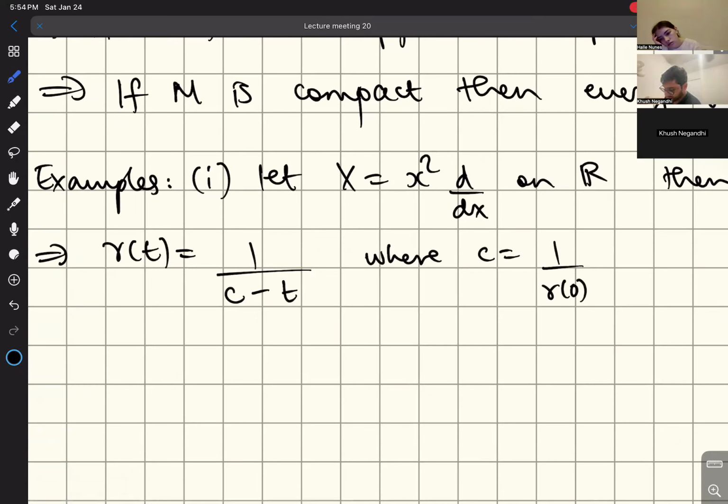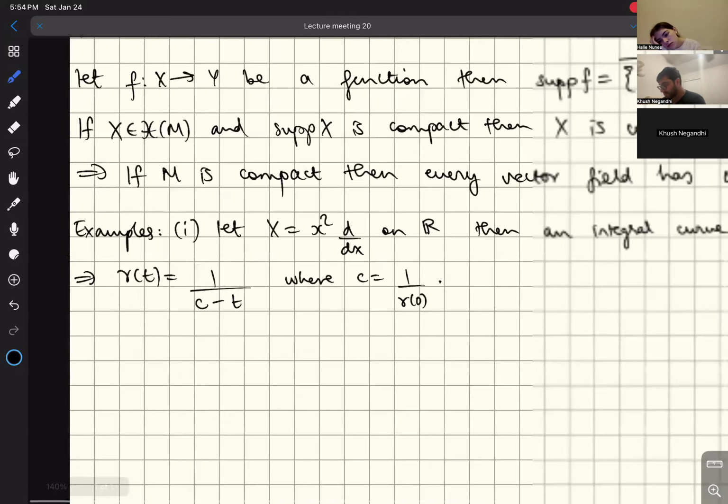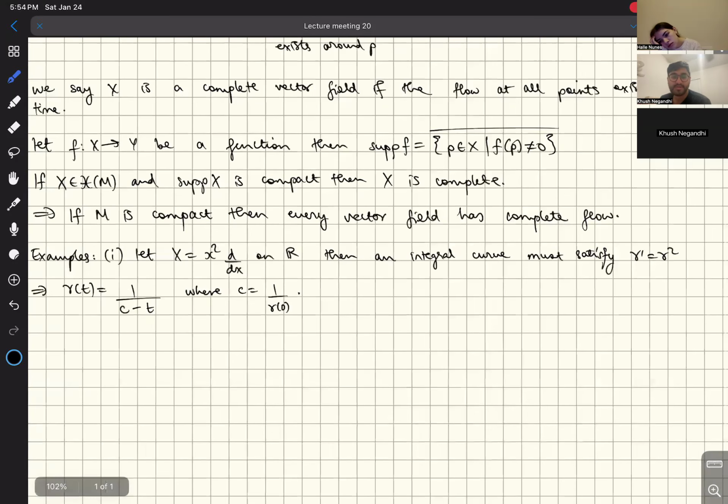Now, there are already a couple of issues here. One is that the flow doesn't exist at c, the flow blows up there. Another thing is if I am at a point where the flow exists and then I move towards the point c, the flow doesn't exist anymore because it blows up.